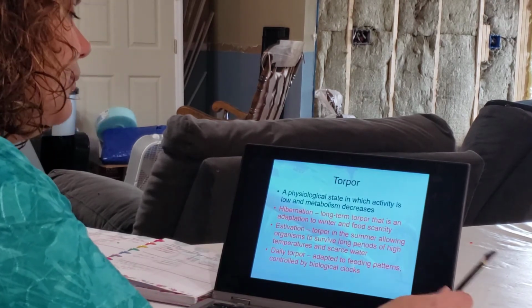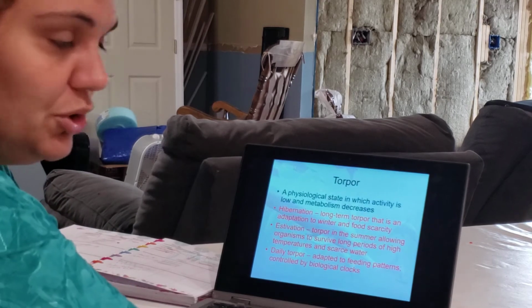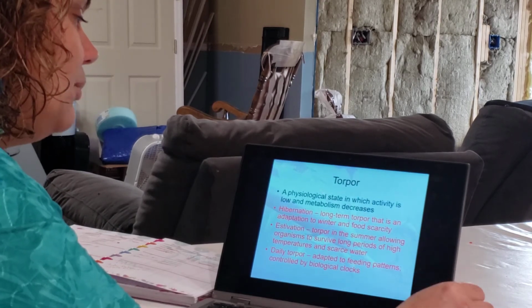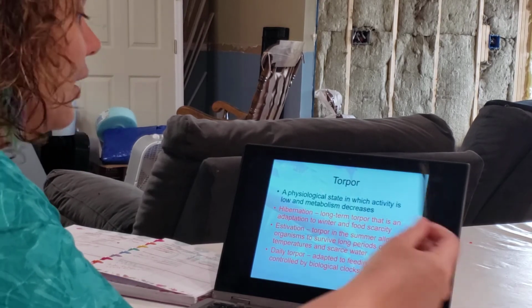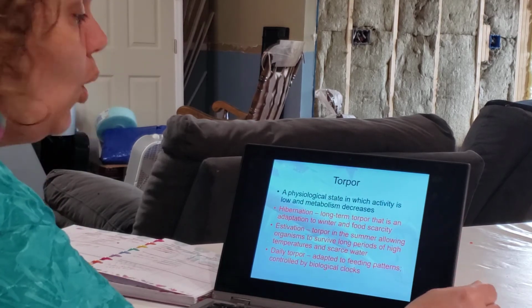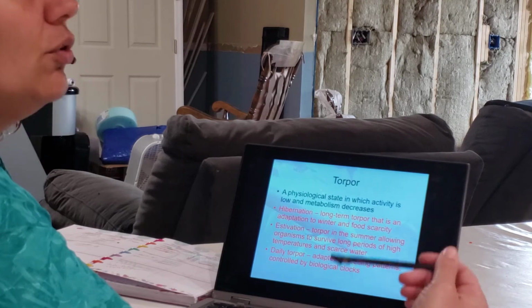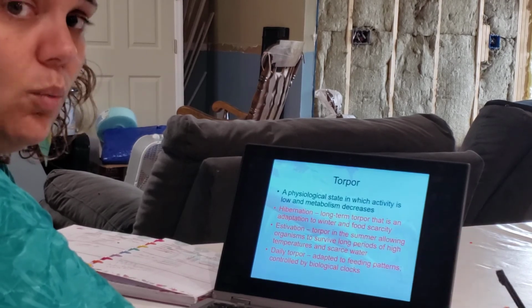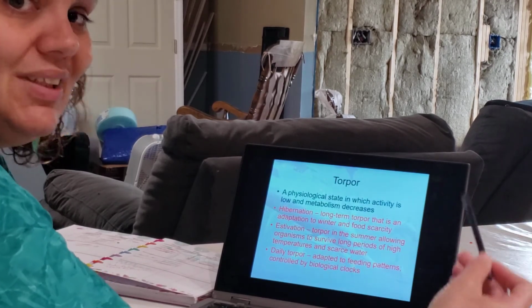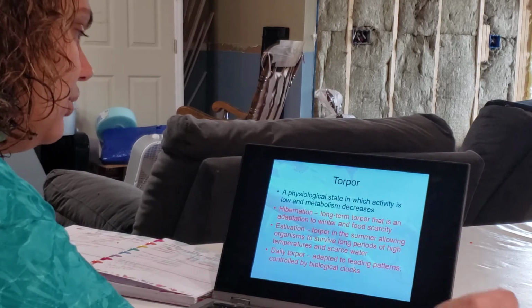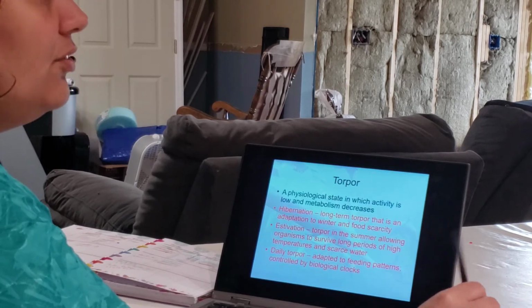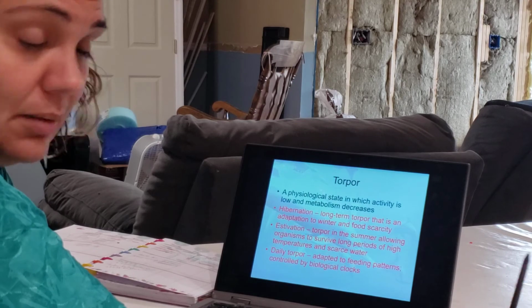All right, torpor. You have hibernation, which is long-term torpor, and that's an adaptation to winter and food scarcity. This is what your bears do, right? Why be walking around when there's not that much food, when it's cold, you're going to use a lot of energy, you're going to lose a lot of weight. Just go into a deep sleep. That's what bears do. Then you have estivation. This is when it's too dang hot to be out and about, right?